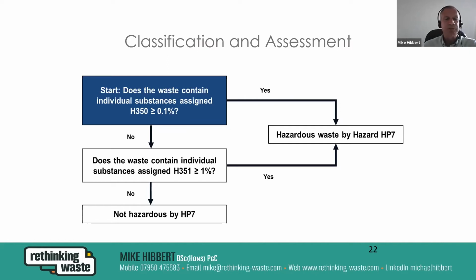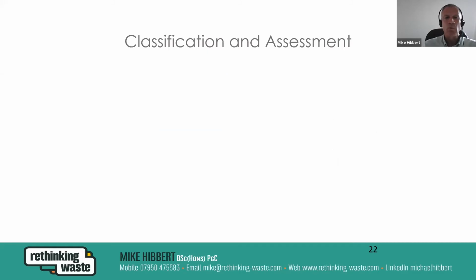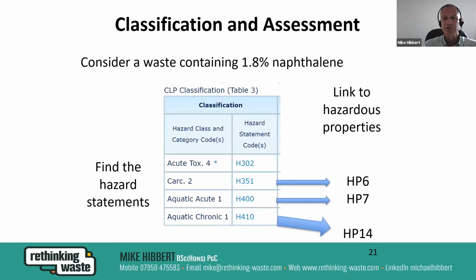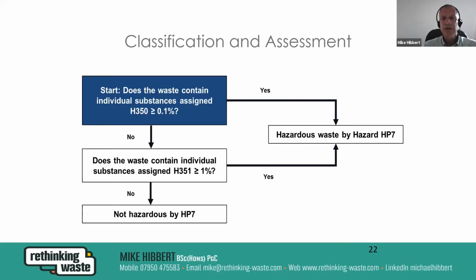So this was naphthalene, 1.8%. Does the waste contain individual substances assigned 350? No. I'll just go back one. We'll see that it was 351. So does the waste contain individual substances assigned 351 greater than 1%? Yes, it does, 1.8. Therefore, this particular waste stream is hazardous by HP7.